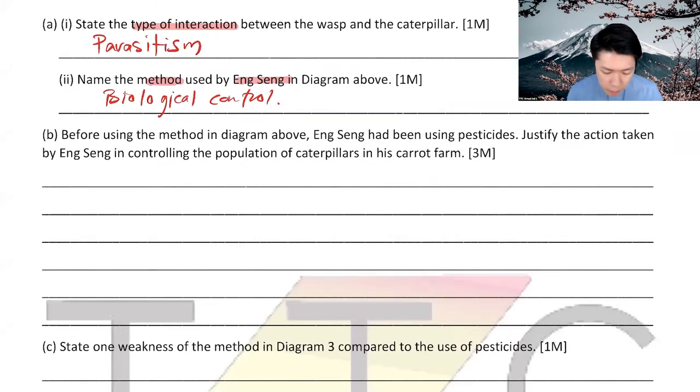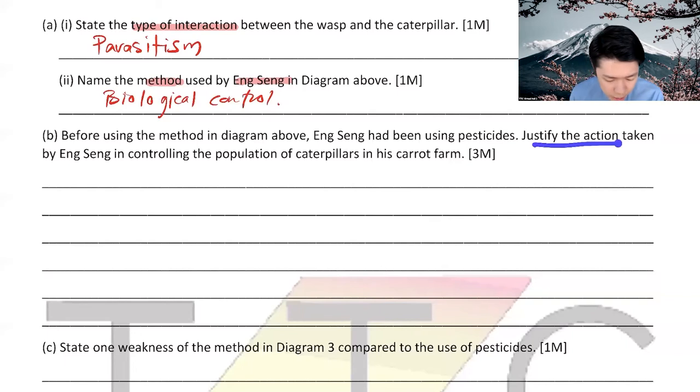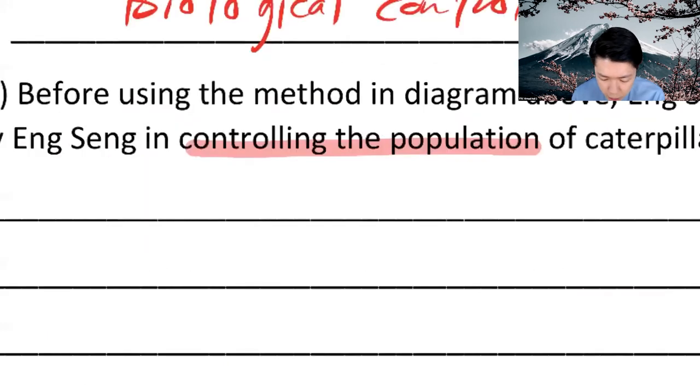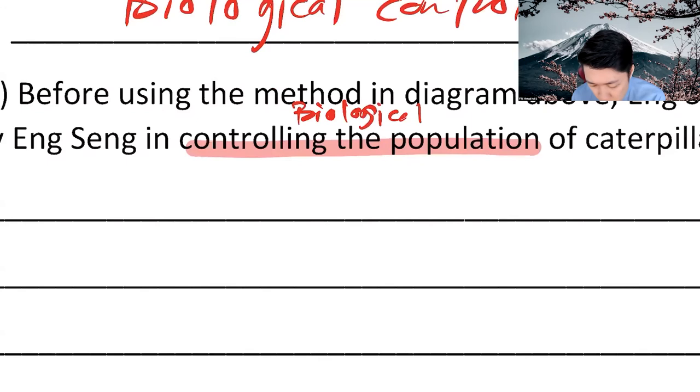Question B. Before using this method, Ikson had been using pesticide. Oh yeah, of course, everyone likes it. All farmers like pesticide instead of biological control, compared to the natural way. Justify the action taken by Ikson in controlling the population of caterpillar in his current farm. Okay, now controlling the population, justify the action means justify biological control.